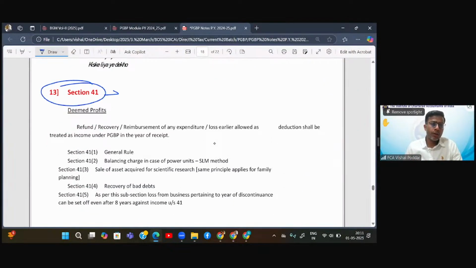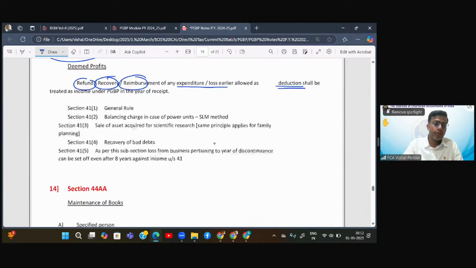Section 41, we have already discussed that 41 covers what? It covers refund, recovery, reimbursement of expenditure or losses which are pertaining to past years, for which you have already claimed deduction in the past year and they are recovered now. Now, in this relation, first is 41(1) general rule. Then we have studied this balancing charge just now in case of SLM, that is power units.